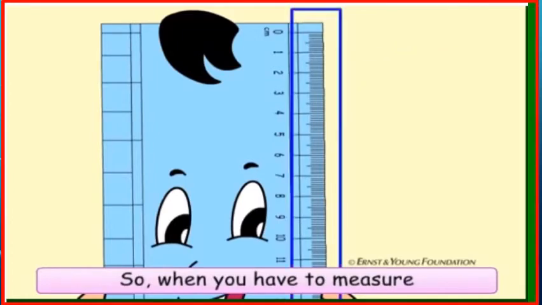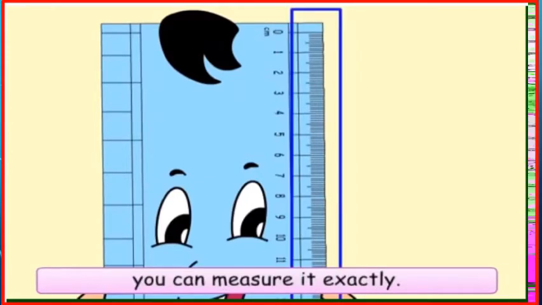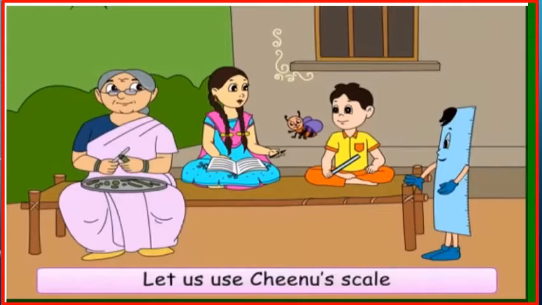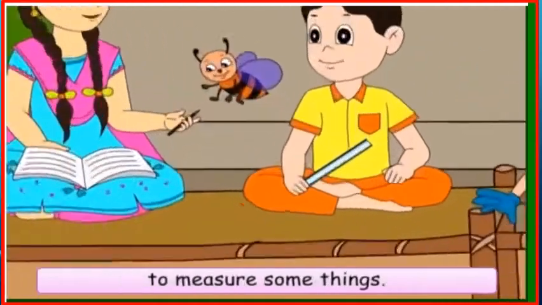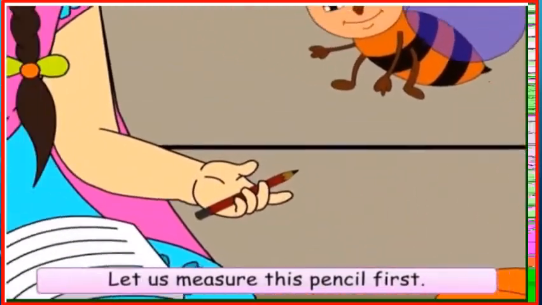So, when you have to measure the length of anything, you can measure it exactly. Let us use Chino's scale to measure some things. Let us measure this pencil first.